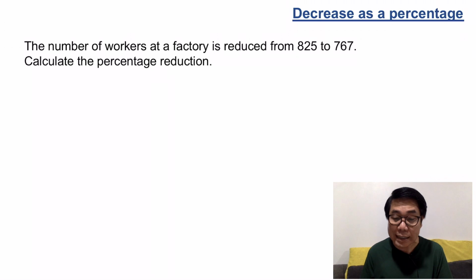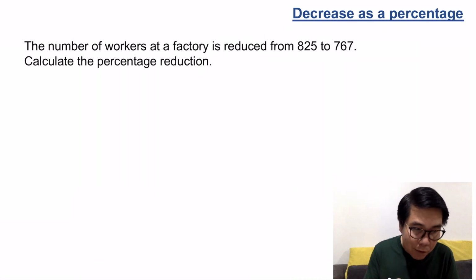The next one is decrease as a percentage. The number of workers at a factory is reduced from 825 to 767. Calculate the percentage reduction.